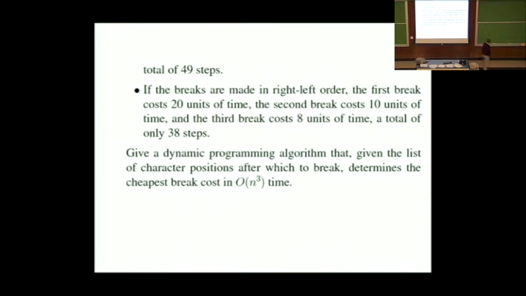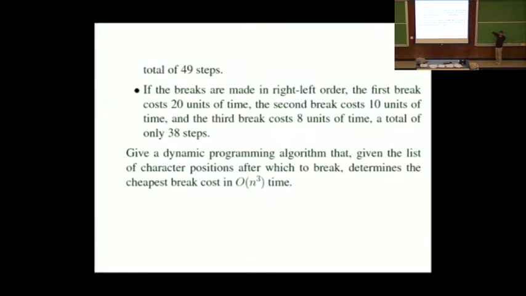Now, if I saw it from right to left, what would be the cost of that? How much does the first cut cost? 20. And now I've got this string to work on. Does everybody see that? The next cut I make is the one at position 8. How much will that cut at position 8 cost me?